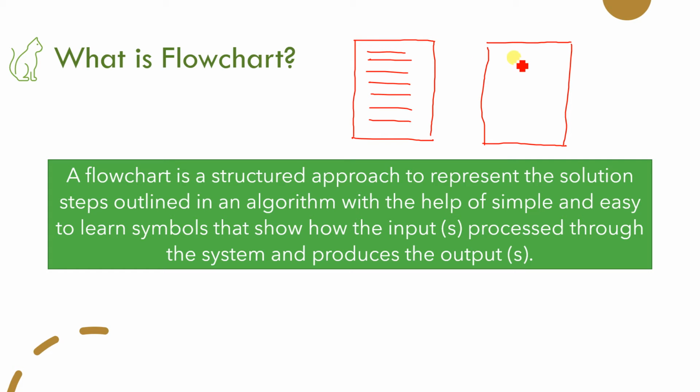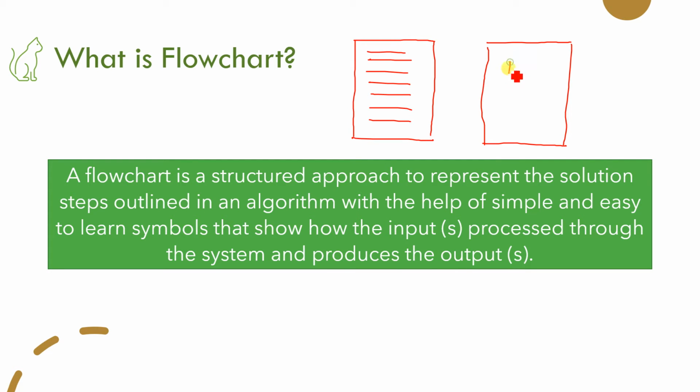The different symbols I am going to discuss in the next slide. Generally we use some symbols to represent all these steps, written with simple and easy to learn symbols. Those symbols show how the inputs are processed through the steps and produce the output.